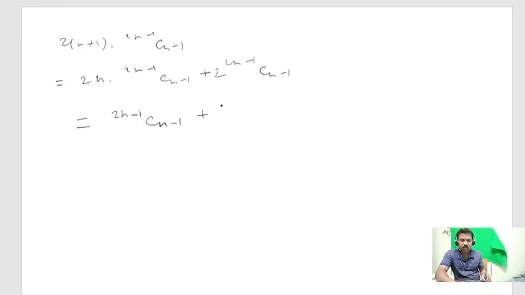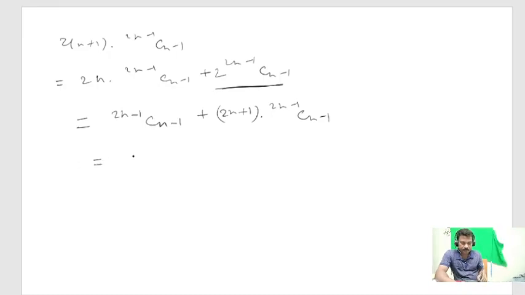We separate one term from this, and 2n plus 1 here, that is 2n minus 1 C n minus 1.